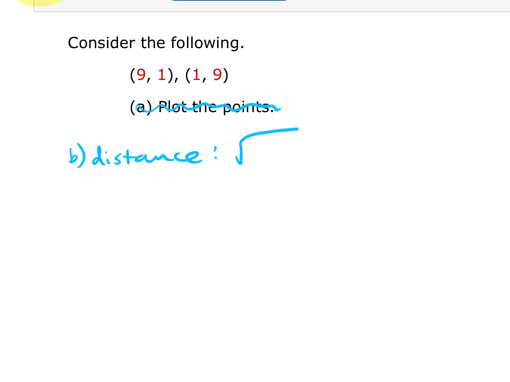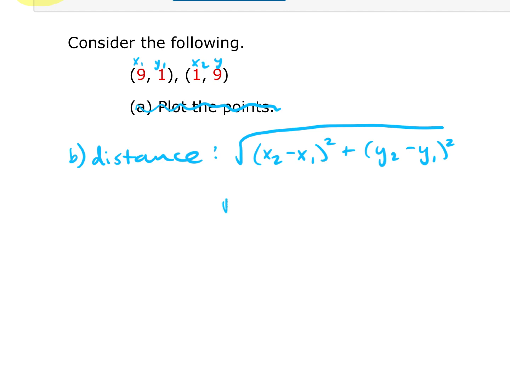So our distance formula is the square root of (x2 minus x1) squared plus (y2 minus y1) squared. I'm going to label my points x1, y1, x2, y2, and then plug them in. So 1 minus 9 squared plus 9 minus 1 squared.